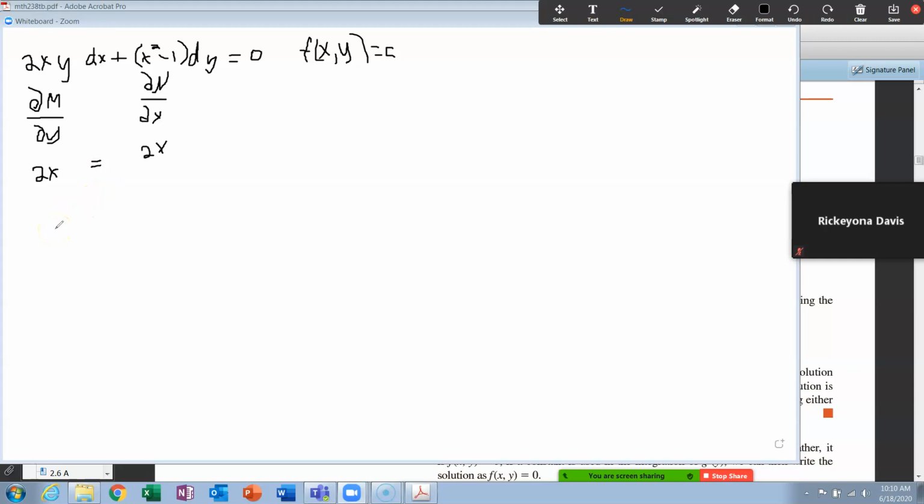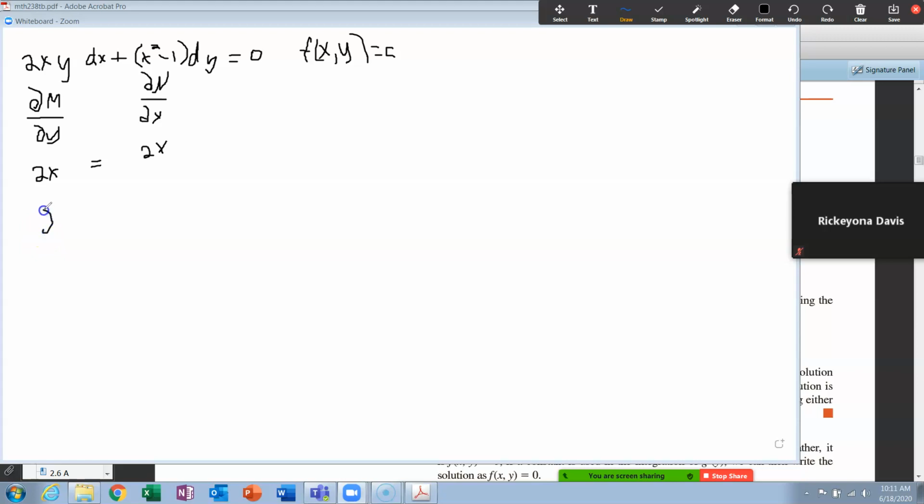All right. So what's our procedure? Well, we go back to our original assumption. If there is a function f of x,y that's a constant, that this is the perfect derivative for, that means this thing right here is the partial of f with respect to x. Okay? So let's write that down.